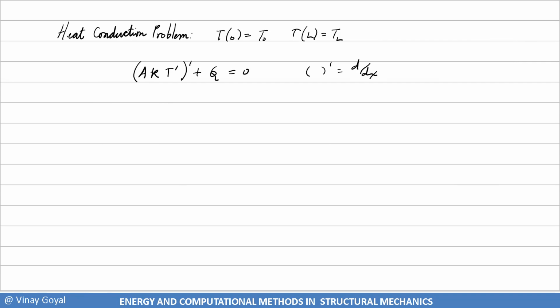I'll go through the same process again and construct the weak form. The way I want to do that is to multiply this by del T dx equals 0.